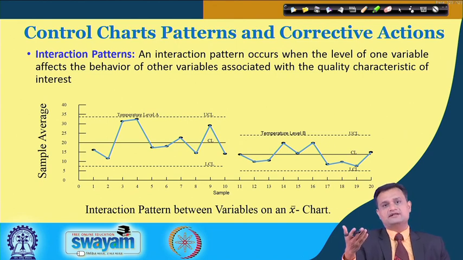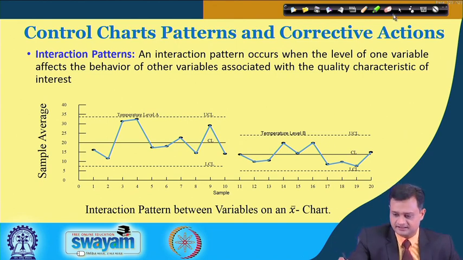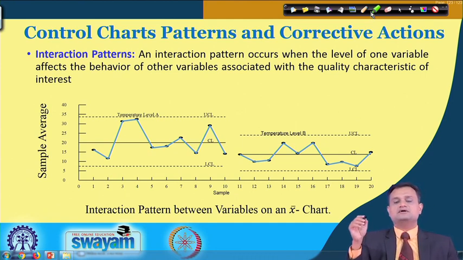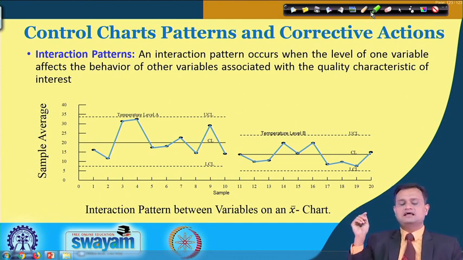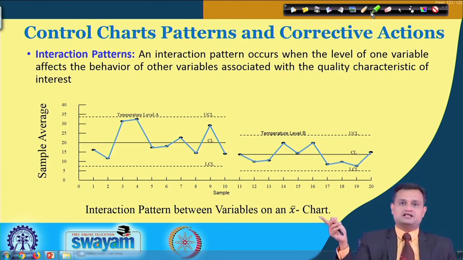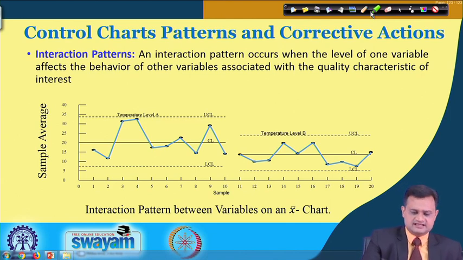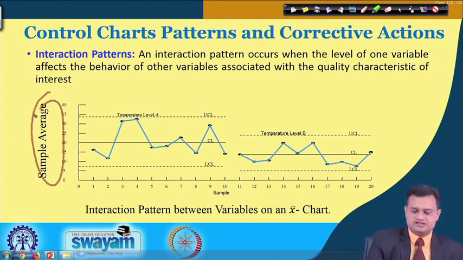One more pattern that you can see is the interaction pattern. So, here what do you see, that you have two variables, and if, let us say, one variable affects the behavior of the other variable, then there is some interconnected or interaction pattern present. We have seen in ANOVA that there could be an interaction effect, and we have checked it statistically. So, let us say these are the sample averages as usual.